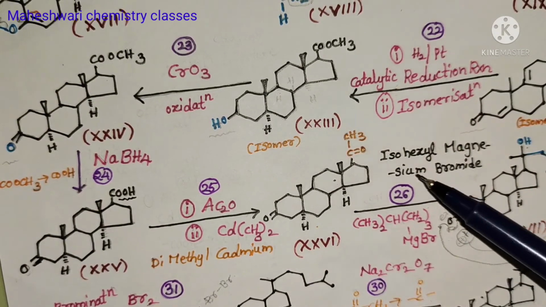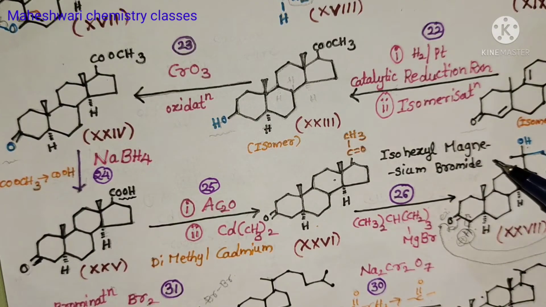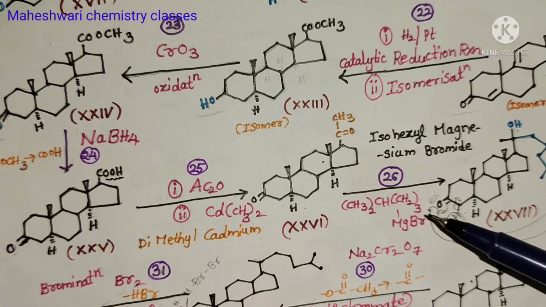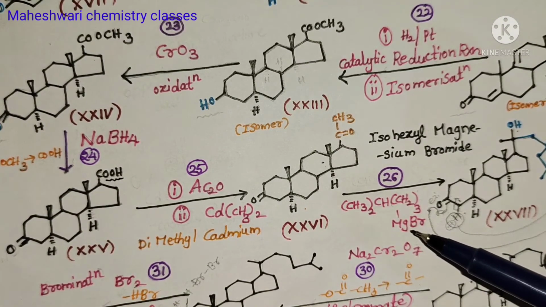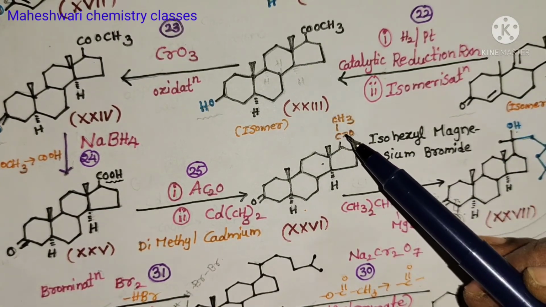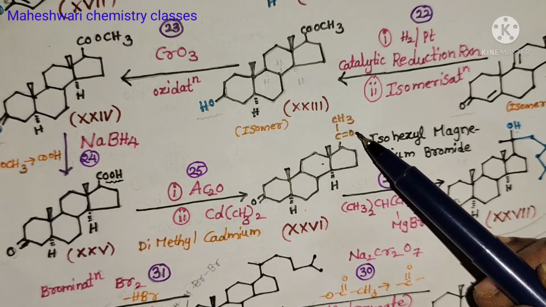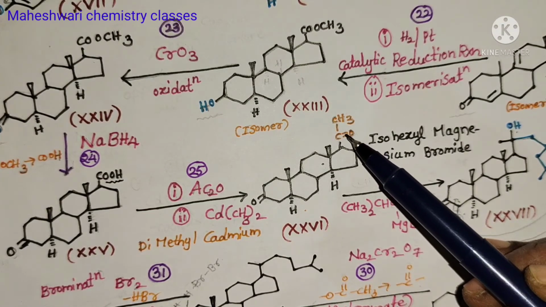Again it reacts with isohexyl magnesium bromide. Very important. At that time here, the C double bond O contains a pi bond, right?